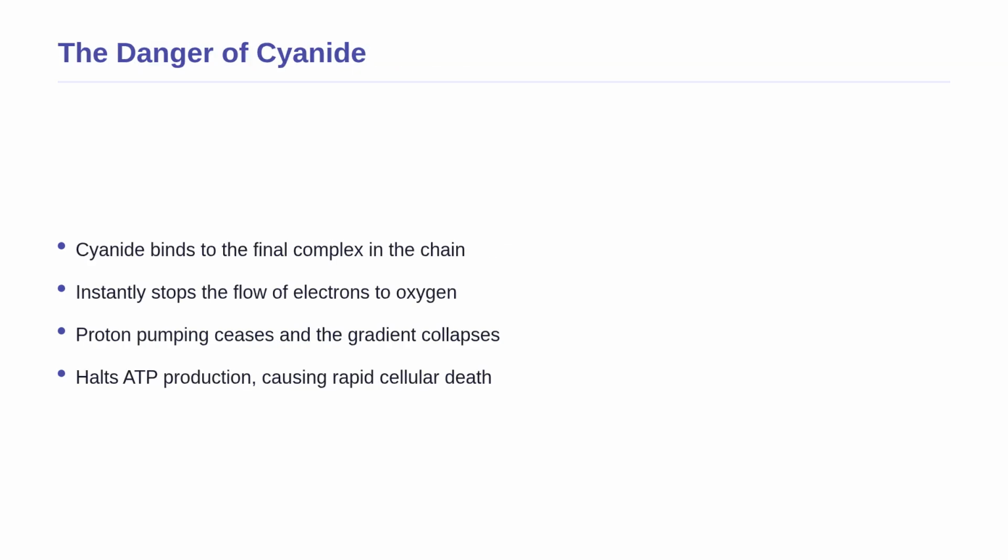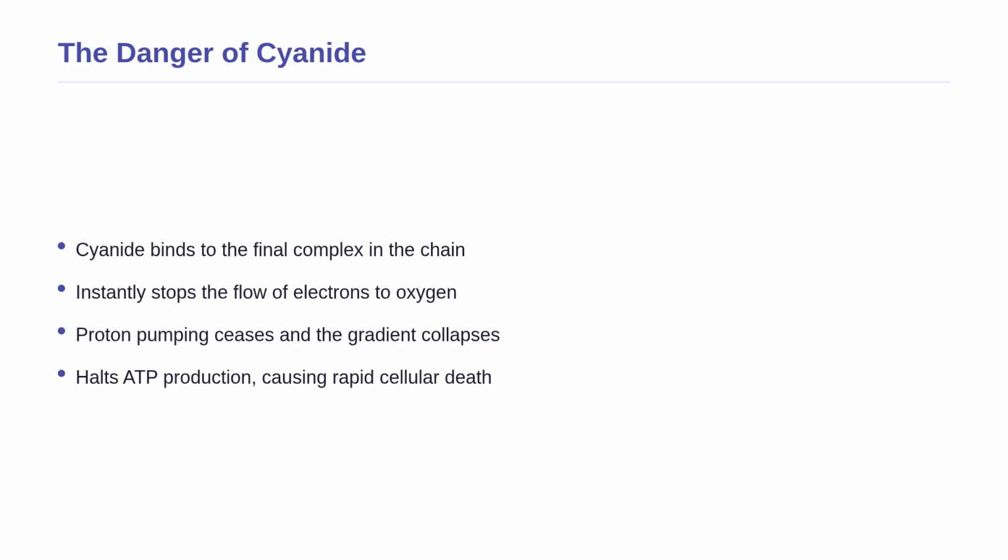To truly appreciate how critical this continuous flow of electrons is, consider what happens when it stops. A stark real-world example is cyanide poisoning. Cyanide is deadly because it binds directly to the final protein complex in this respiratory chain.